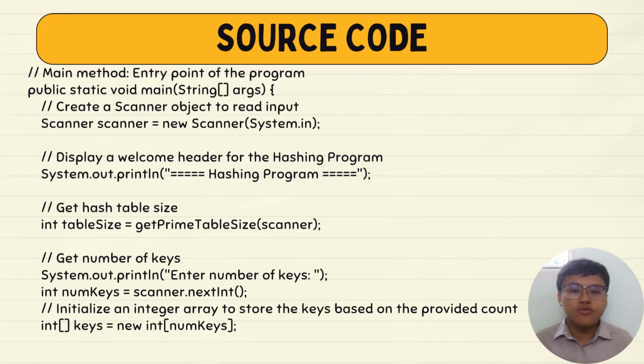Now I will move into the main method, the entry point of the program. So first I will create a scanner object to read the input. Use Scanner scanner = new Scanner(System.in). Then I will display a welcome header for the hashing program and get the hash table size from the user, get the number of keys from the user using the scanner, then initialize an integer array to store the keys based on the provided count.